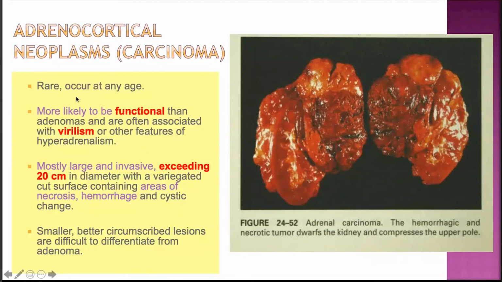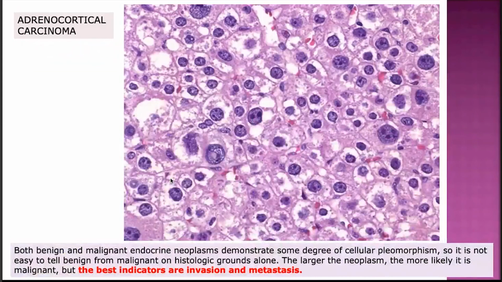Okay, mostly large and invasive lah, exceeding 20 centimeter in size. Alright, when it is carcinoma, of course the cell become very bizarre looking, with prominent nucleoli inside here. Okay, this is nucleoli, very prominent, very pleomorphic.